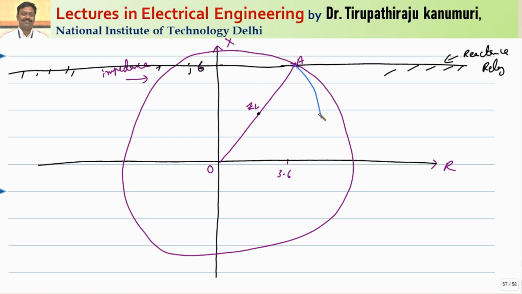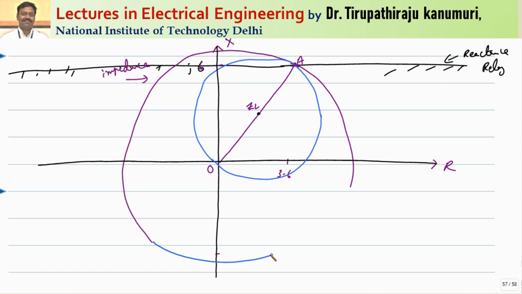With this as a center, the circle will come like this. Getting this one? Let me make it a little bit more like a circle, then we will proceed. This is the diagram for impedance.